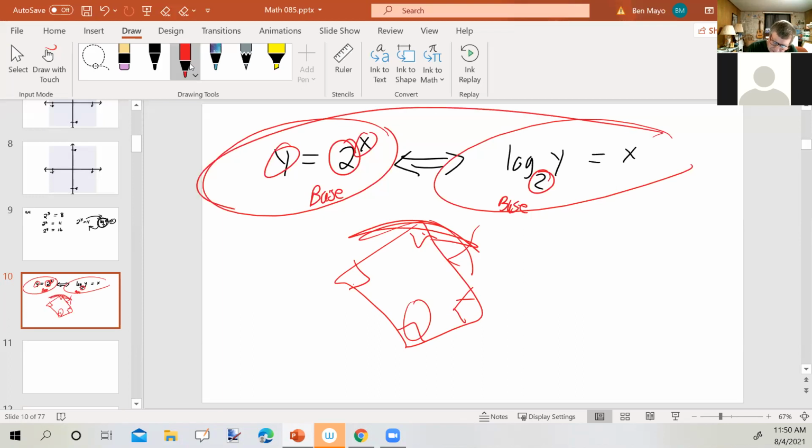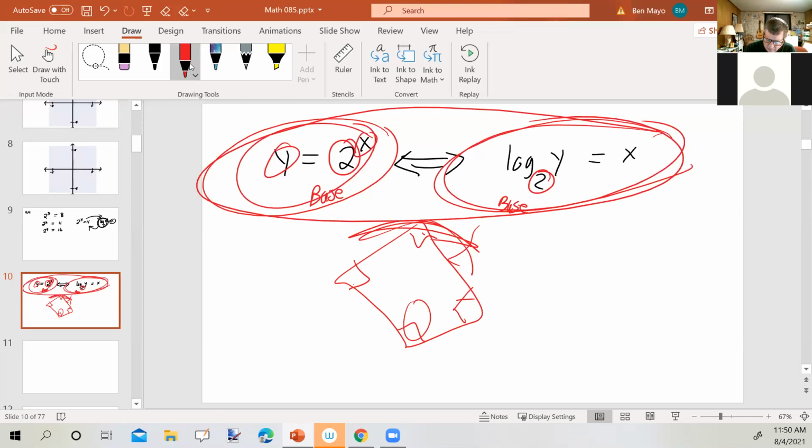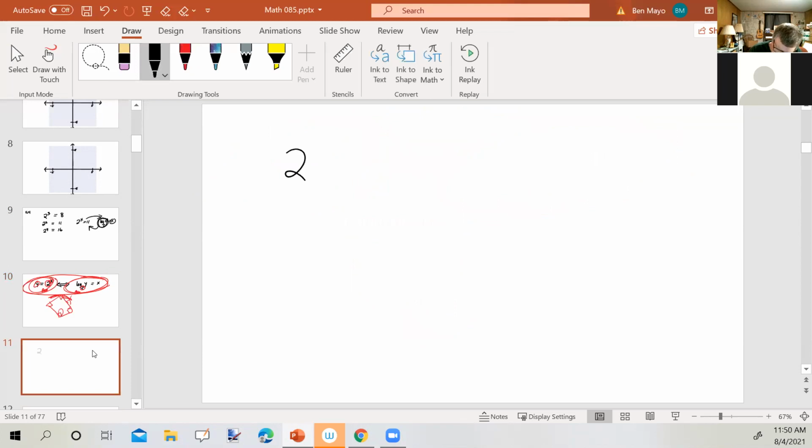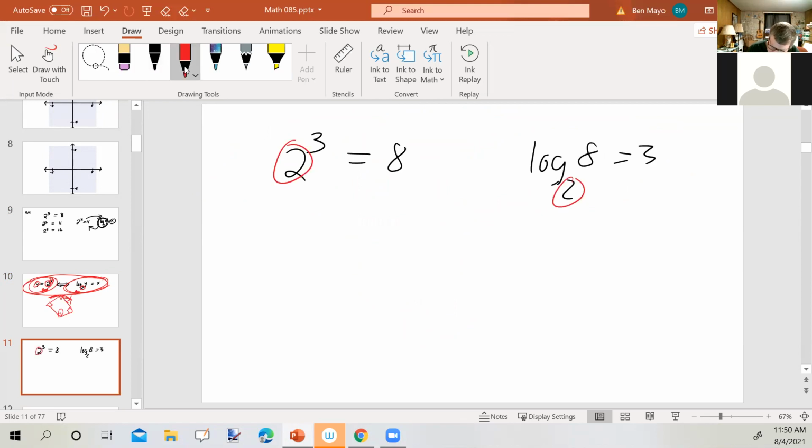And that's how I like to describe this. Going from exponential form to logarithmic form, the base stays the same, but the players change. So for instance, if I have 2 cubed equals 8, this would be log base 2 of 8 equals 3. The base is the same, but the players change places.